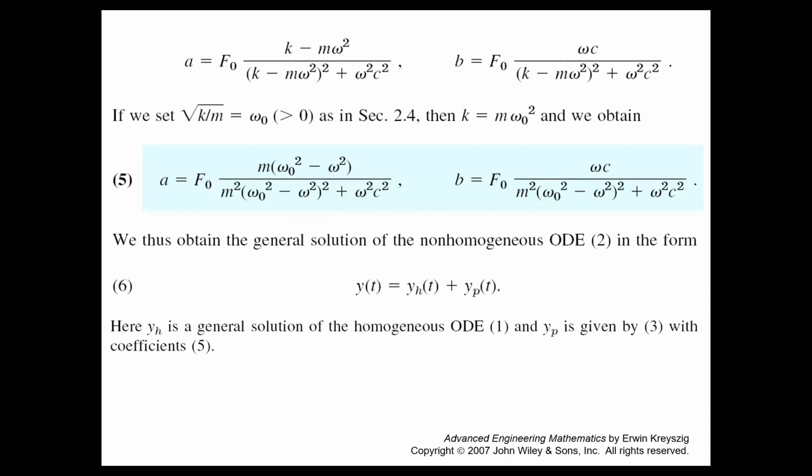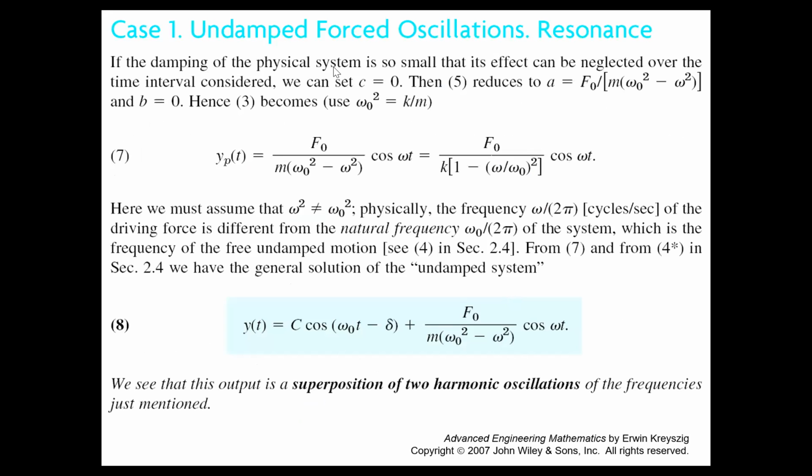This is to derive the formula, but you don't have to do this because you already know how to solve it. And this formula, you can prove it also using your previous solutions. You can see that the solution is going to be a combination of the homogeneous and non-homogeneous ones, and it's not going to be a superposition of two harmonic oscillations.